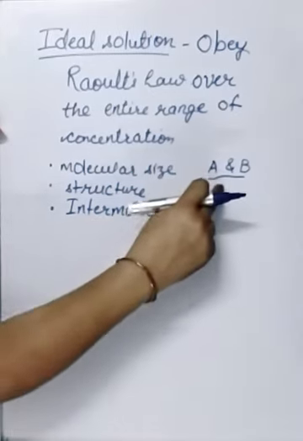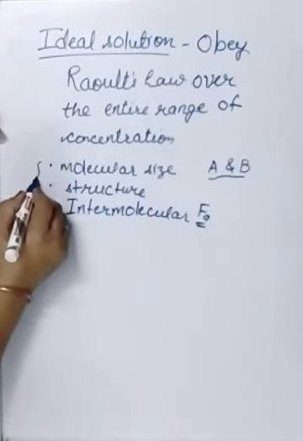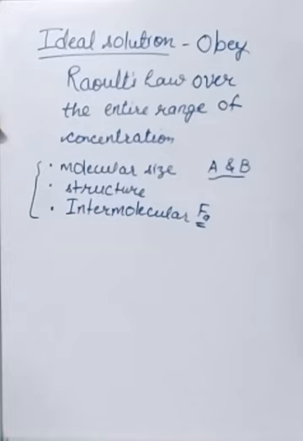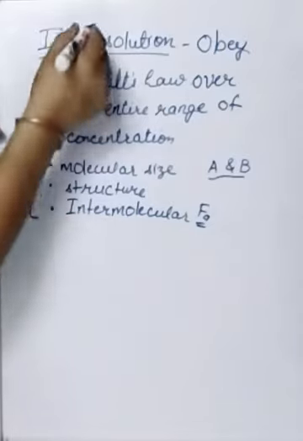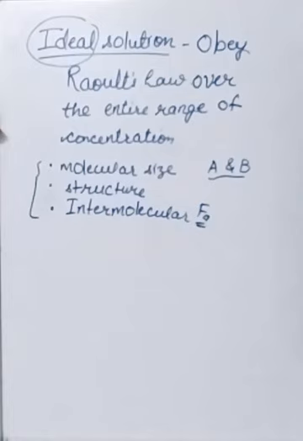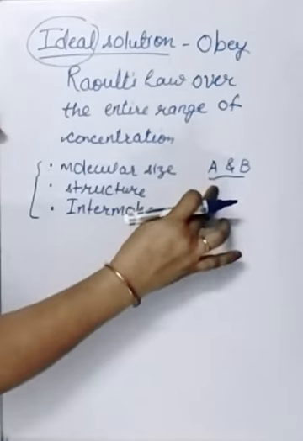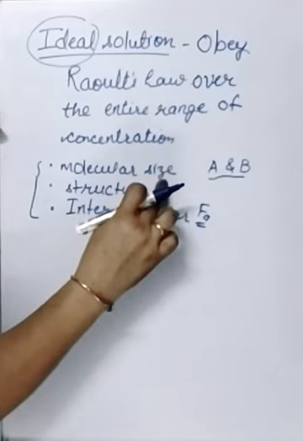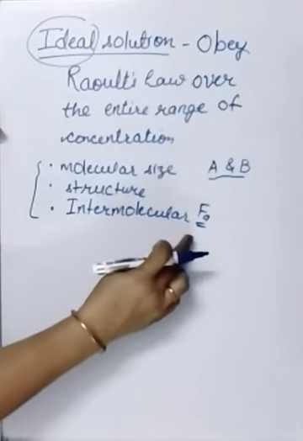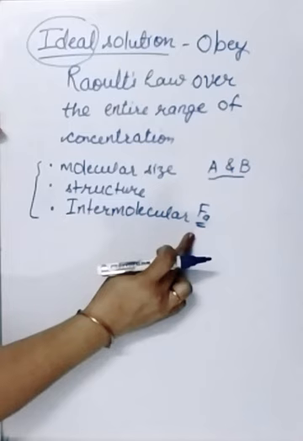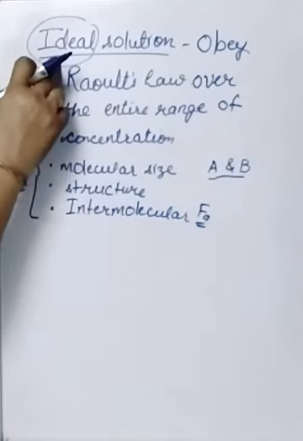If both the components have similarity in these three things, then the solution formed is an ideal one. Am I clear? If their molecular size is similar, their structure is similar, and the force of attraction between the particles is similar, the solution formed is an ideal solution.